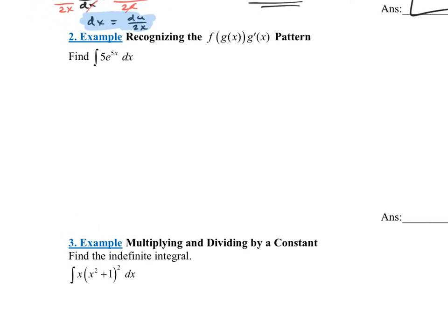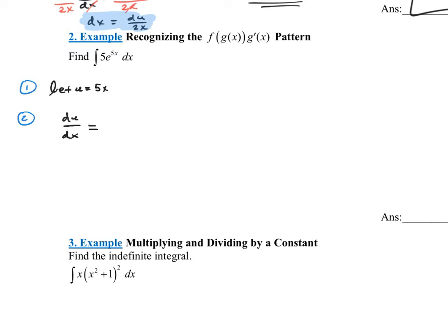It says find the integral of 5e to the 5x. Again, the reason that we can't integrate this is because it's not just x, it's a 5x. So what do we do? Again, our first step, we're going to identify u. I'm going to let u equal whatever the power is. In this case, it was 5x, right? Step 2 is I need to find the derivative with respect to x on both sides. On the left-hand side, I'd have du dx.